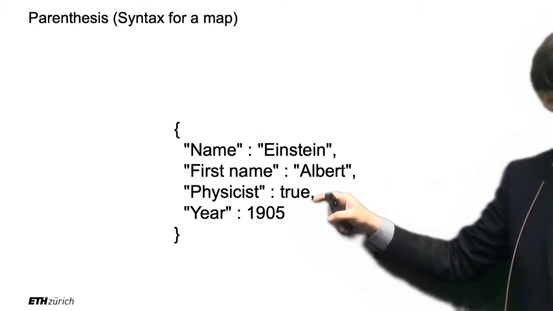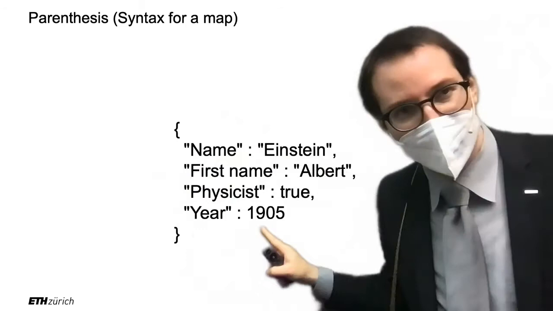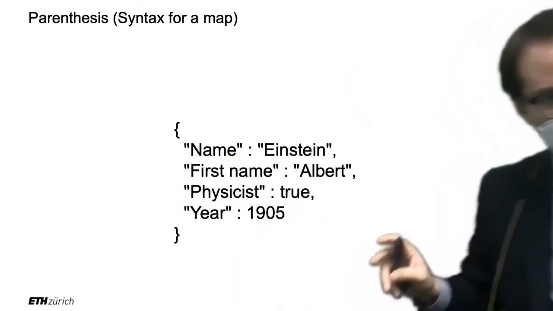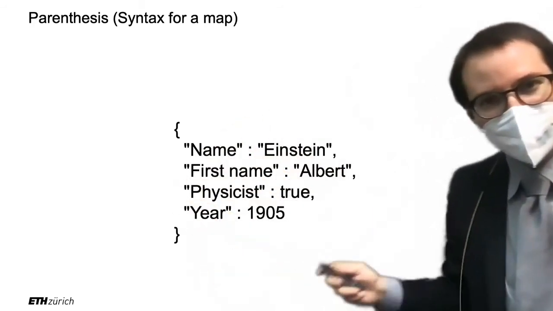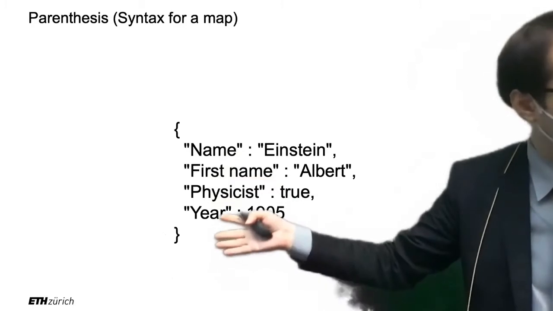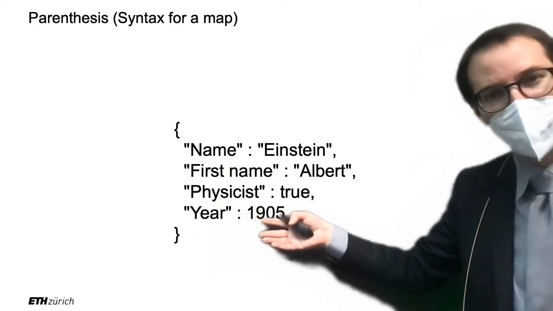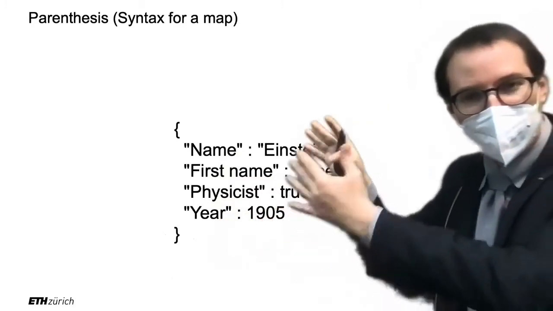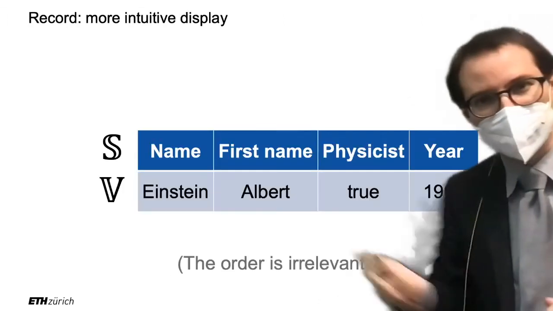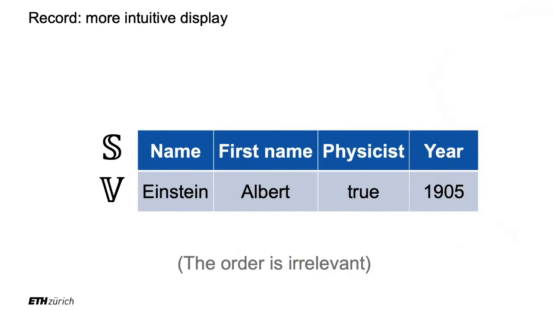Yes? JSON, exactly. This is JSON, right? So in fact, JSON we'll see in Big Data for Engineers, not now, but here you can see that what we defined as a record, a map from strings to values, is in fact a Python dictionary if you know what Python dictionaries are, and it is a flat JSON object. If you don't know what JSON is, don't worry, because this is how in this lecture we draw it.